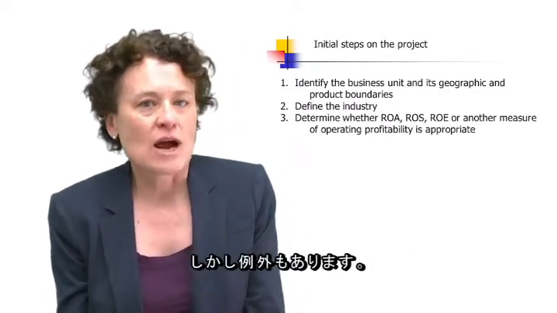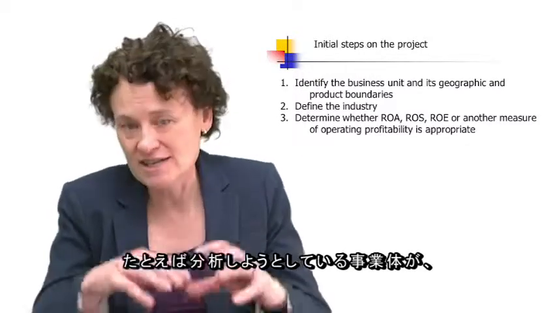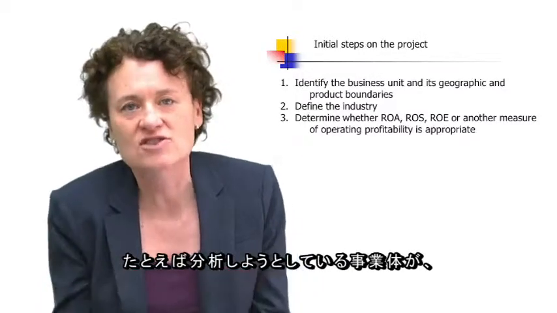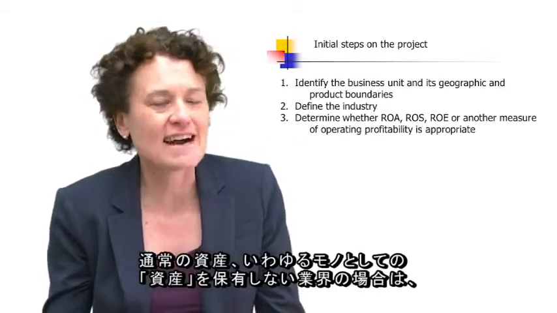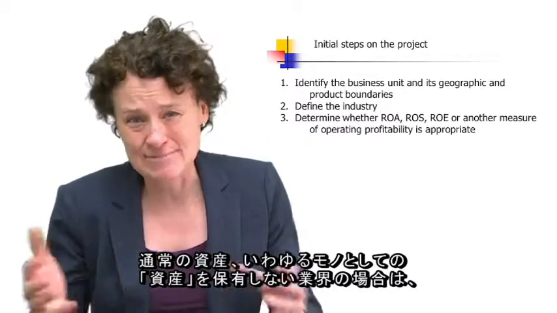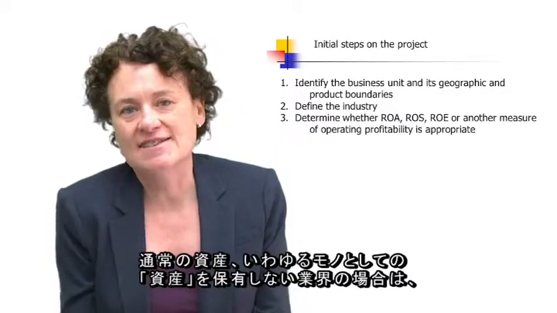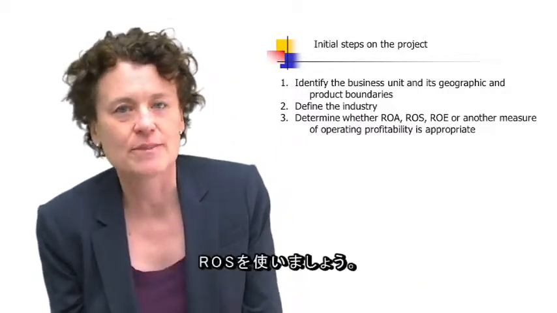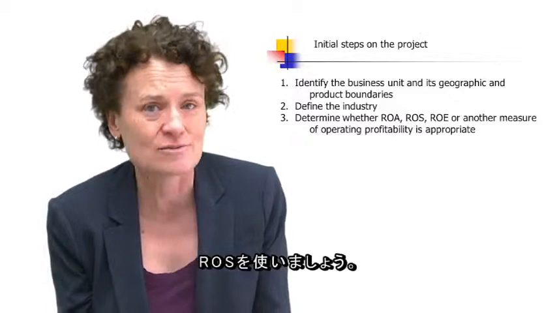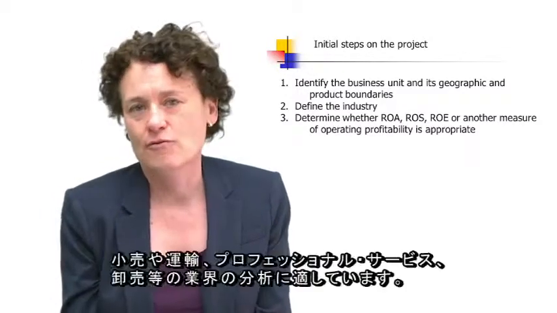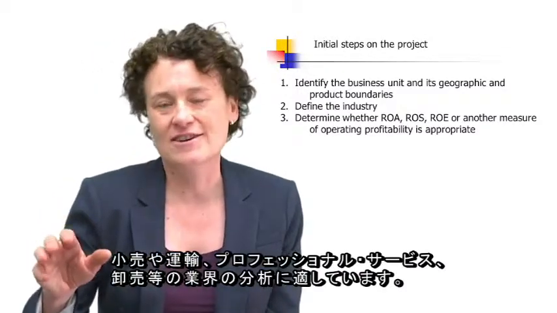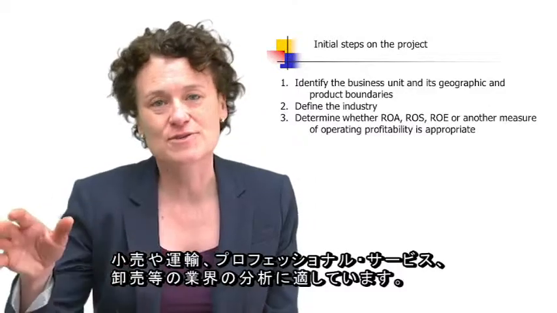The exceptions arise when the organization that you're studying, the industry that you're studying, really doesn't have a normal asset base. It doesn't have a conventional asset base. If that's the situation you're looking at, you might want to look at return on sales. Return on sales is useful for businesses that are in retail and transportation.